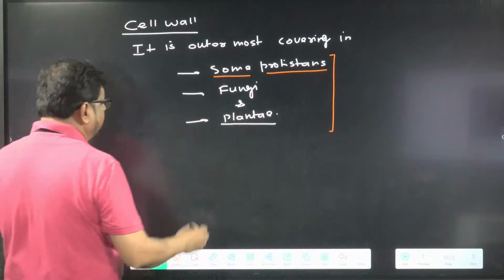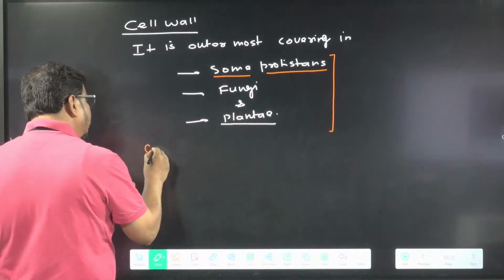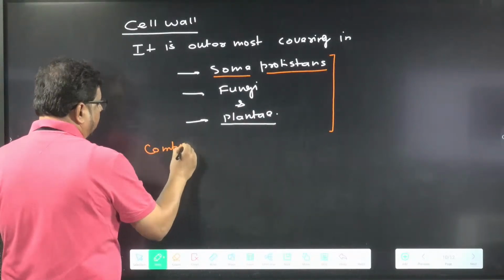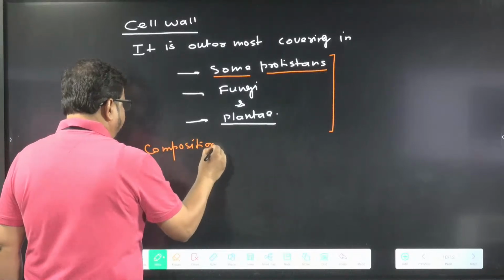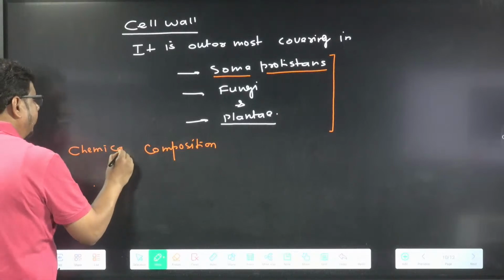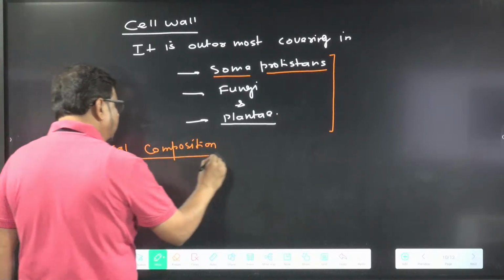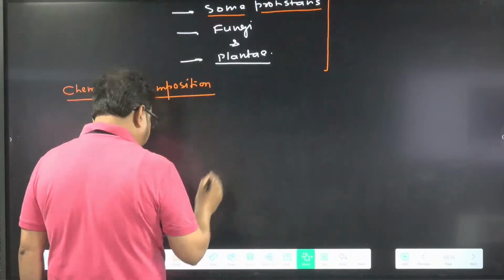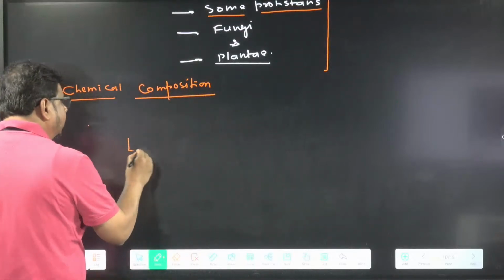After that, I am telling about the chemical composition of the cell wall. So what do we report in the chemical composition of the cell wall?